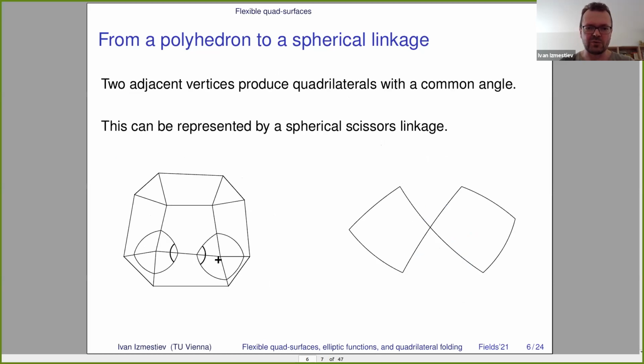Let us first look at 2 vertices. Take 2 spheres, look at the corresponding spherical quadrilaterals, and then you find out that they share an angle. The dihedral angle at this edge is a common angle of the 2 quadrilaterals. So we can put them in this way and form a scissors linkage.